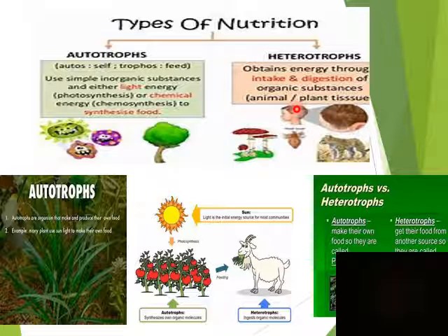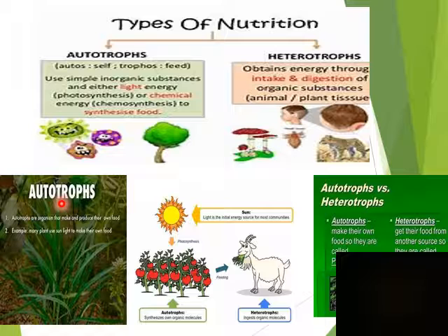They do not produce the organic substance, they feed on the organic substance which is produced by other organisms. Okay, so types of nutrition or mode of nutrition, as if I'm asking you if it is an autotroph or heterotroph. So here is an example of an autotroph.